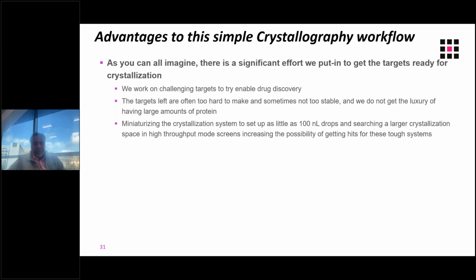We don't have the luxury of making large amounts of these multi-protein complexes anymore. So miniaturizing the system and trying to screen a wide array of conditions, especially if you're able to only get very little protein, so setting up 100 nanoliter drops and searching a larger crystallization space, with the amount of screens that are available today in the industry, makes it actually possible to get hits for these tough systems. Next point, please.